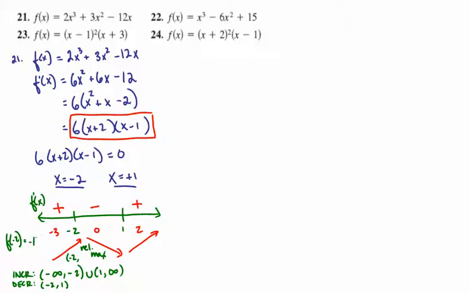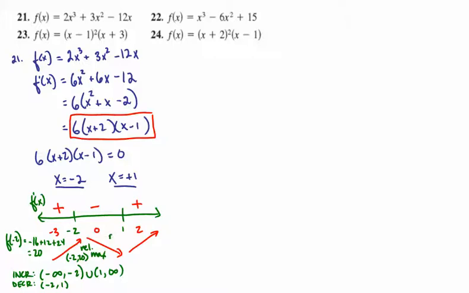Then negative 2 squared is 4 times 3 is 12, plus 12. And then negative 2 times negative 12 is positive 24. And so that appears to happen at 20. The maximum is at negative 2 and positive 20.